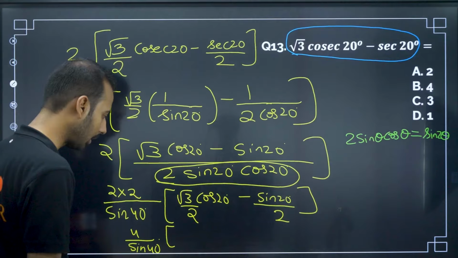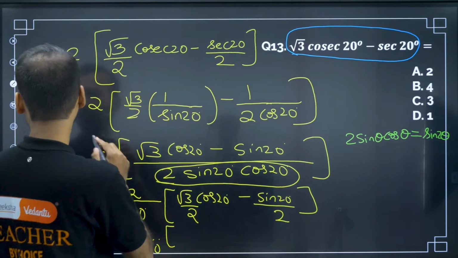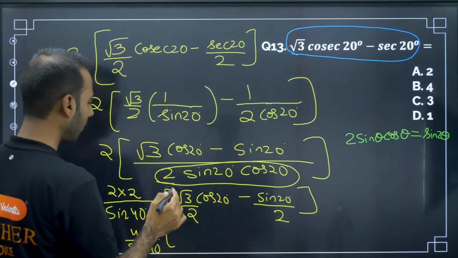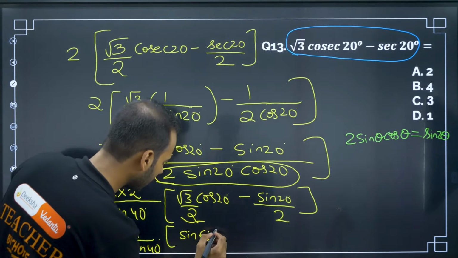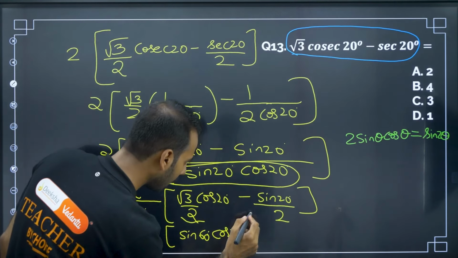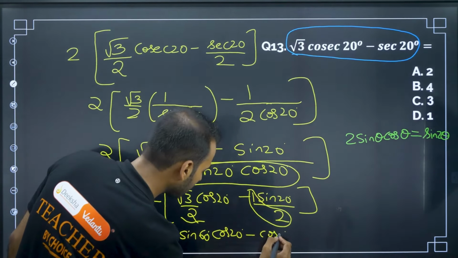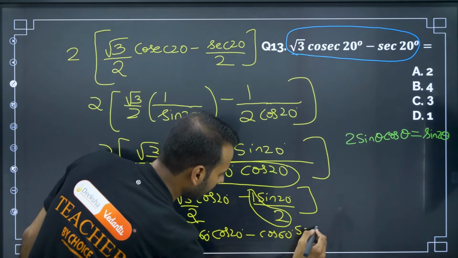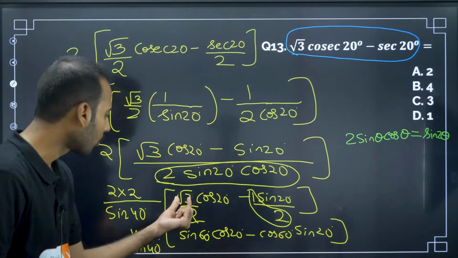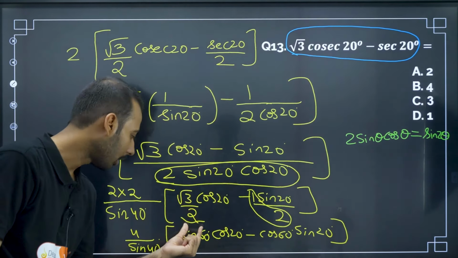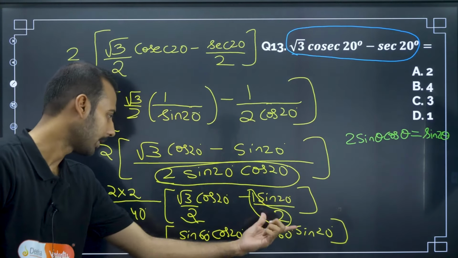In place of root 3 by 2, I will replace it with sine 60 degrees, cos 20 degrees. In place of 1 by 2, I will write cos 60 degrees, sine 20 degrees.